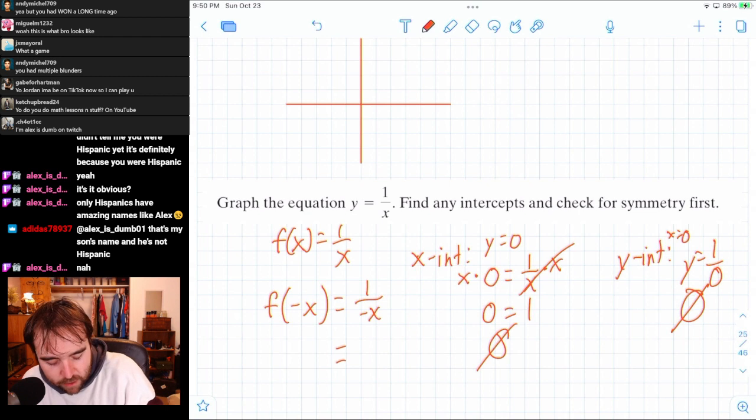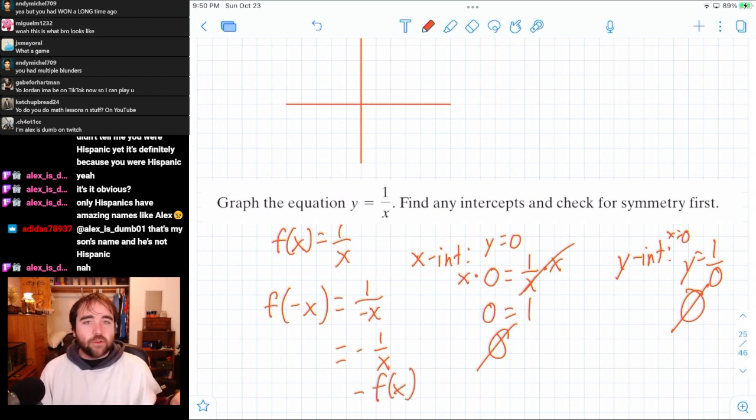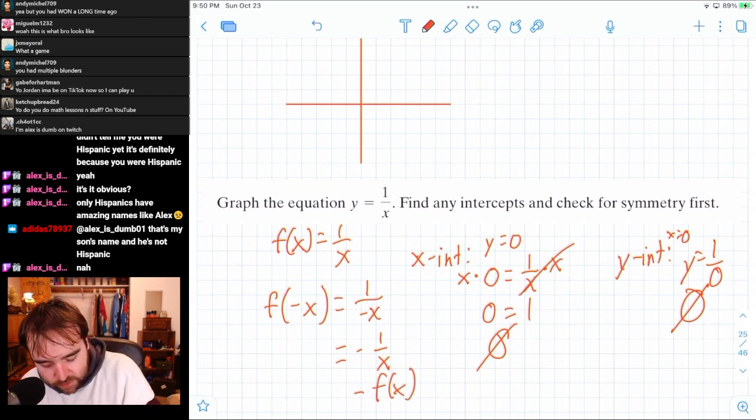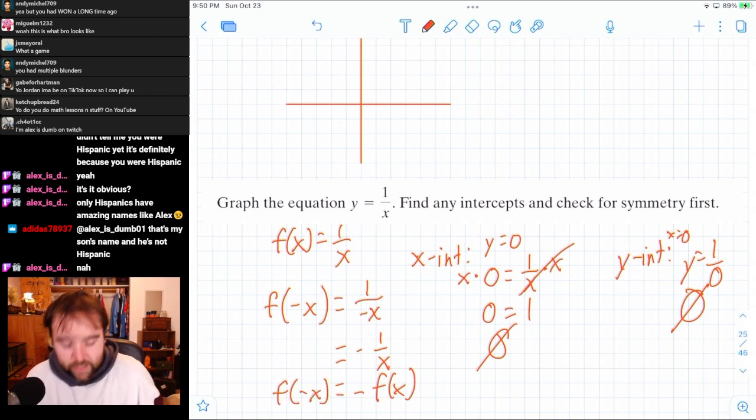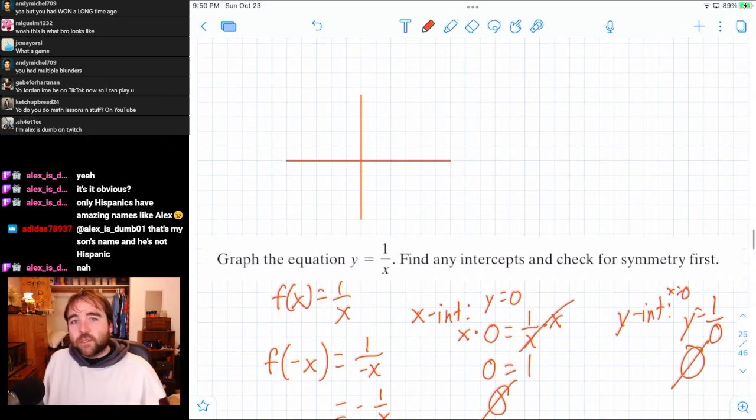So let's rewrite it with it on the outside. That way we can notice that this is negative f of x. It's just the negative of the original function. So what we found is that f of negative x is equal to negative f of x. That means it's an odd function, or has origin symmetry.